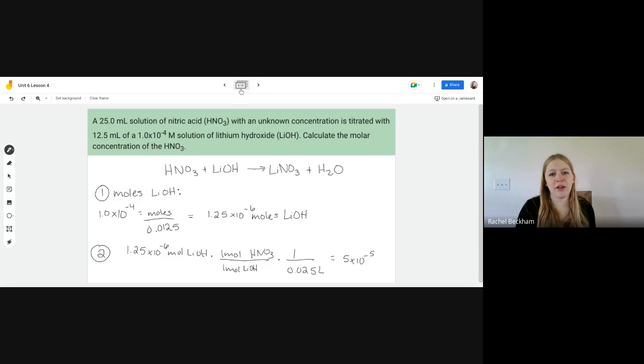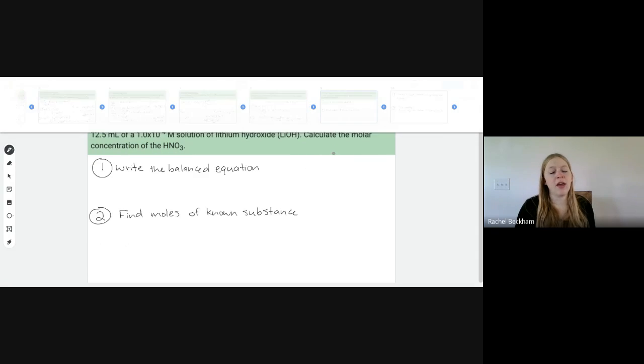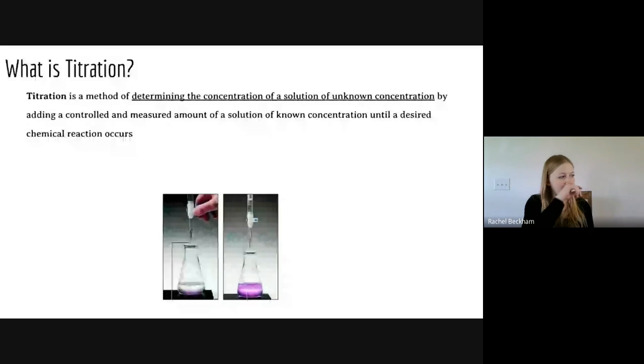Okay, last one here is on the topic of titrations. And so I'm going to talk about titrations by going back to this tab. Titration is a really cool thing when you have a lab where you can actually do this.